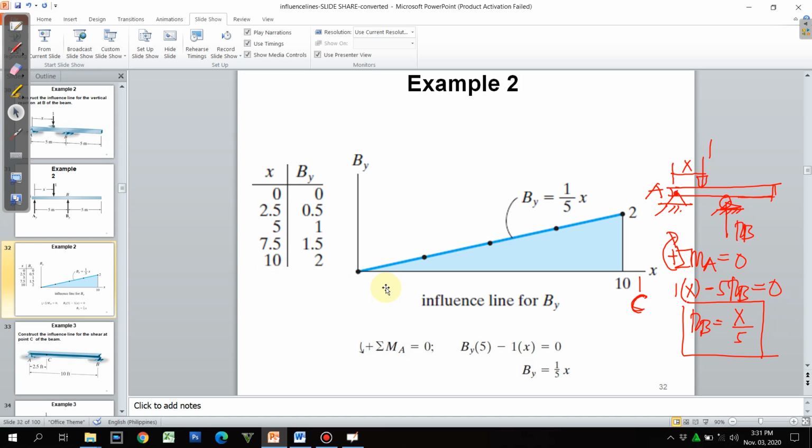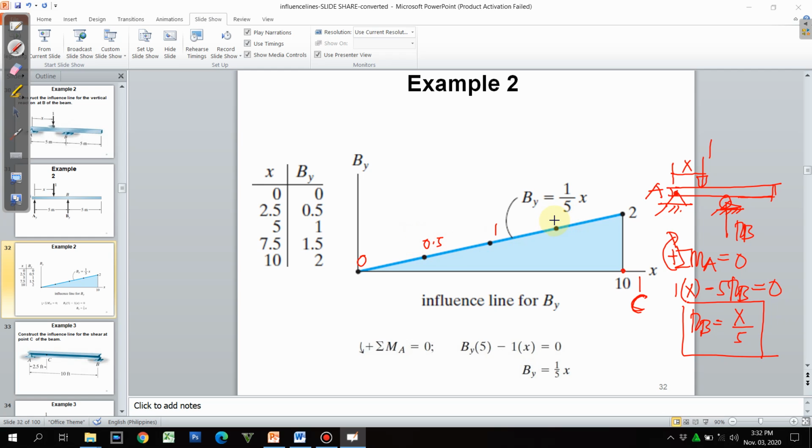Okay, so the maximum will be at the far end of your overhang portion, wherein the value is equivalent to 2. When x is 5, the value here is 1. When x is 0, we have here 0, and this is 0.5.